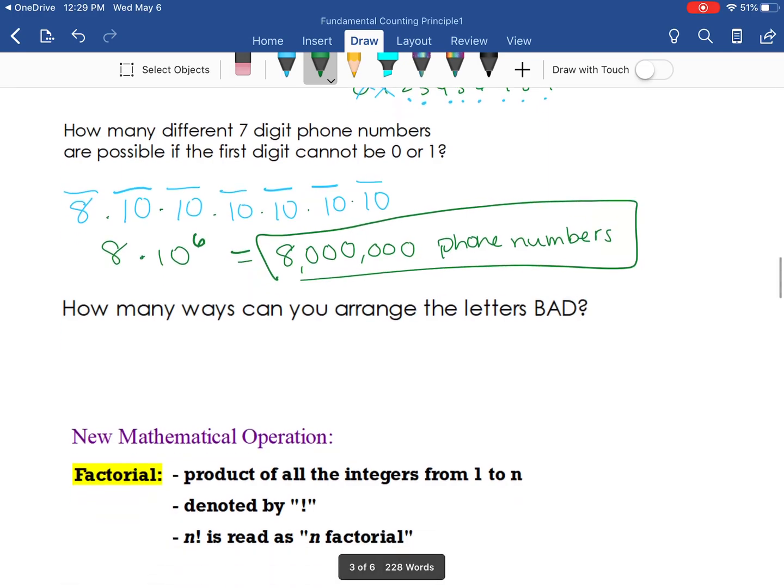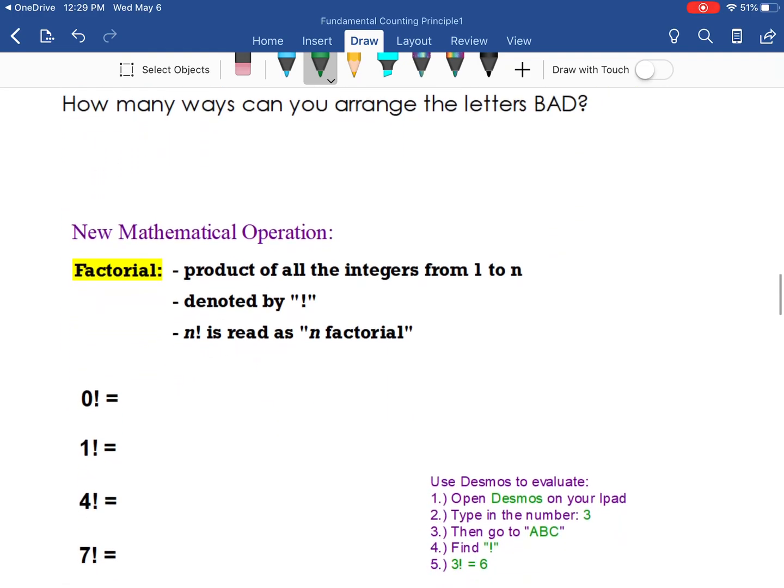Next question, we want to figure out how many ways can you arrange the letters in the word bad. So we have 3 different letters. But since we're just rearranging those letters, we can't repeat anything, right? Because we're just going from like B-A-D to D-B-A. We're just putting them in a different order.